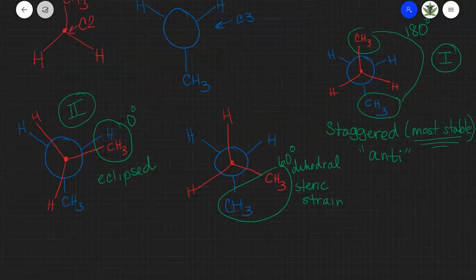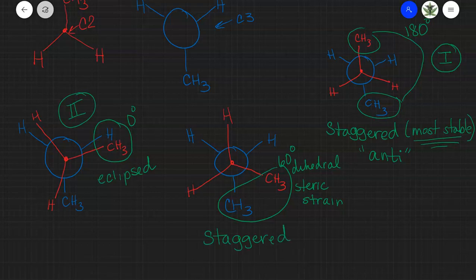And if you look at how it's drawn, this conformation is also staggered, but with the 60 degrees, we call it a gauche conformation. And this is less stable than anti. Because remember, the anti-staggered is the most stable.